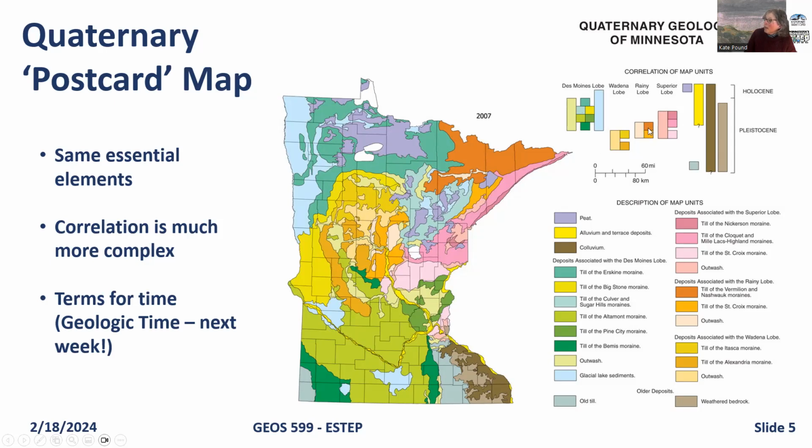If they touch, that means that on a map or out in the field, you can walk from one to the other, essentially. If there's a break, it means there's evidence of some kind for there not being continuous deposition. Something was either never there or is missing. So the correlation of map units is much more complicated.